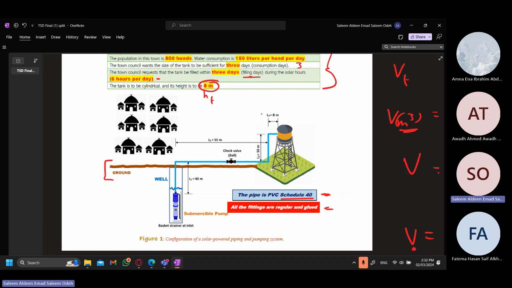So for the length, we have 40 plus 55 plus 50 plus 8, which will give us a length of 153 meters.